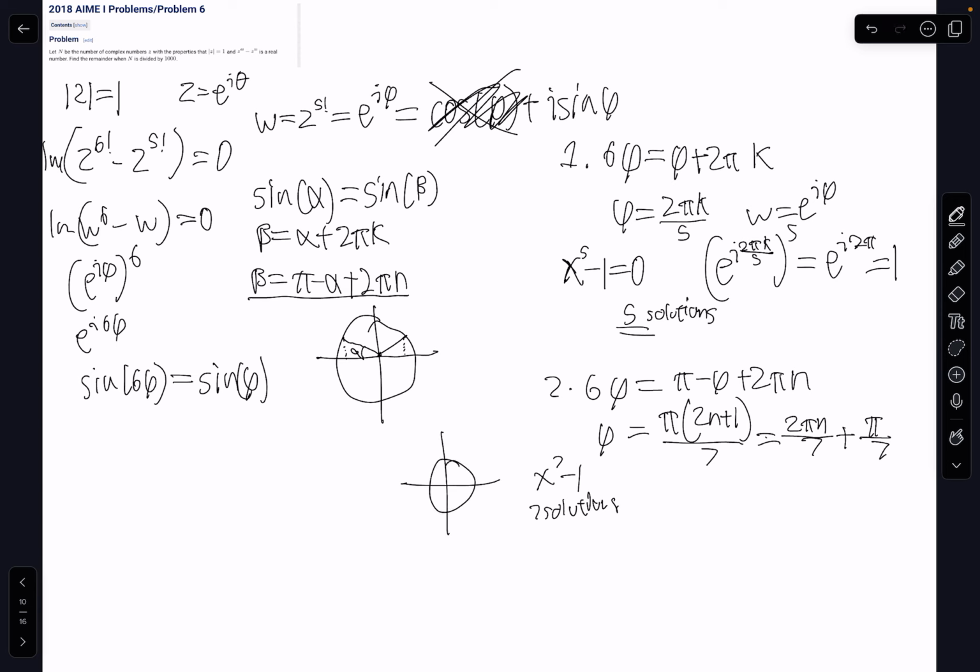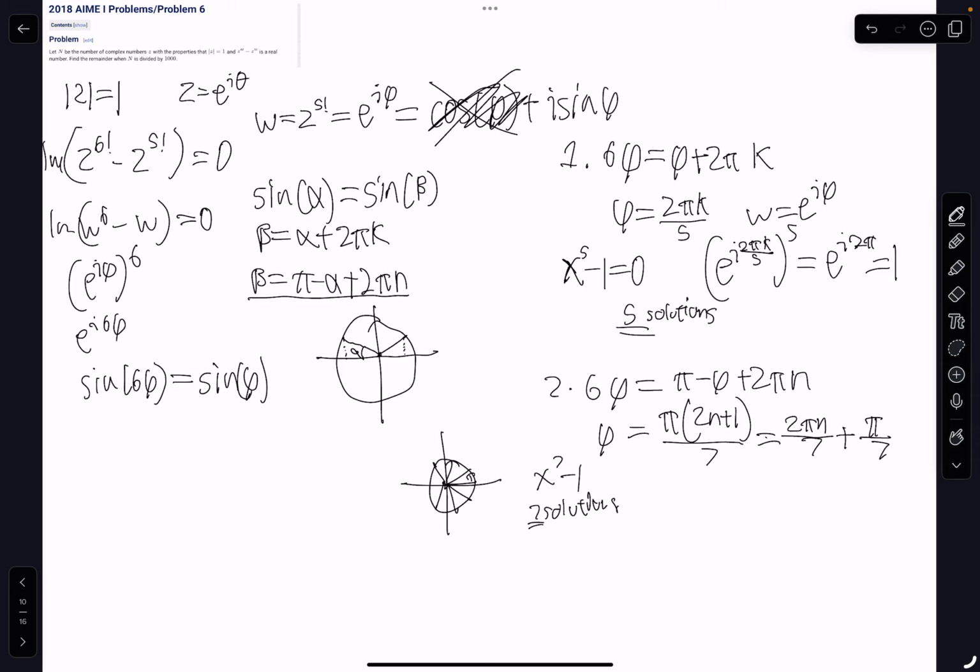So if you imagine on the unit circle you had all the 7 roots of unity, you're just offsetting those a little, right? So there's still only going to be 7 distinct solutions. So nothing has actually changed here from the case where they were just the 7th roots of unity. So in total, we have 7 solutions for W in this case as well.